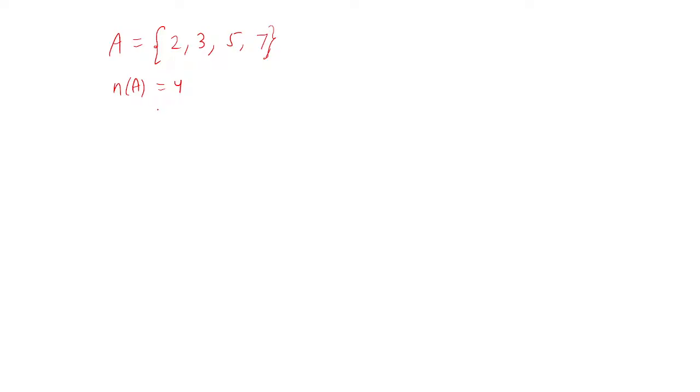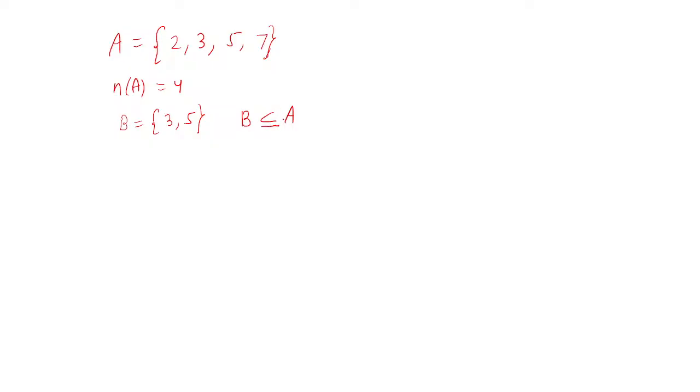A subset is a set which contains any number of the elements of set A. Any subset of set A would contain any number of elements of set A, so to speak. For example, B having 3, 5 is a subset of set A, and we say B is a subset of set A. Now again here, strictly speaking, this means subset.